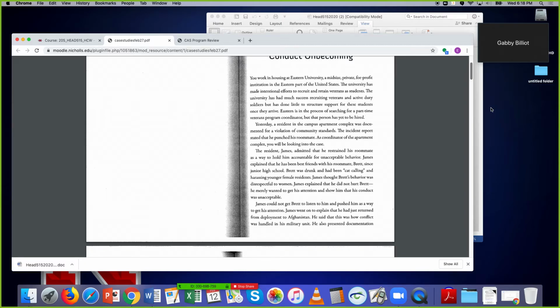Because reading their roommates, obviously they know each other, they're practically best friends. One of them just happened to be intoxicated, if I'm not mistaken. Yeah, one of them was drunk. The other one is a veteran, and the one that was drunk was doing some inappropriate things.